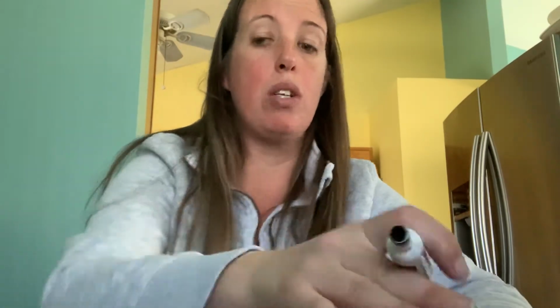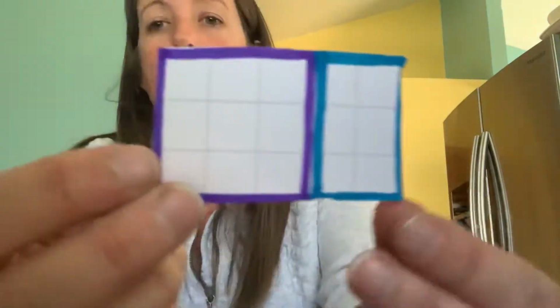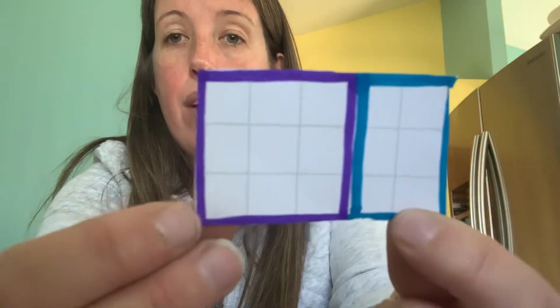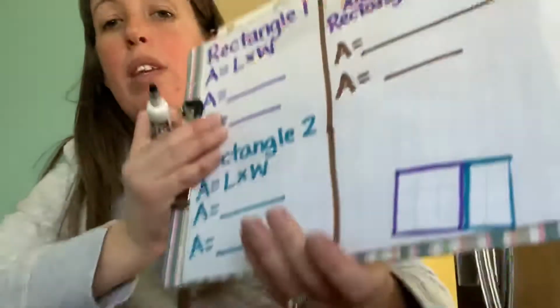All right, so those are the steps I'm going to use to find the area of combined rectangles. Let's try another one. Okay, so we're going to find the area of these two combined rectangles. First I start with rectangle 1 in purple.